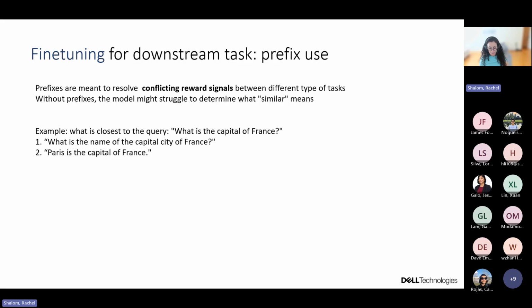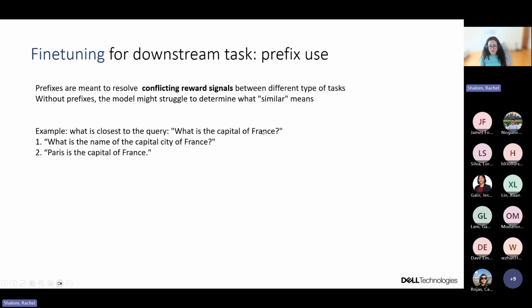It could be clustering, or information retrieval, retrieving answers based on questions. When you have a general model that treats all of these cases, how do you deal with different tasks? So for example, if I have this question, what is the capital of France?